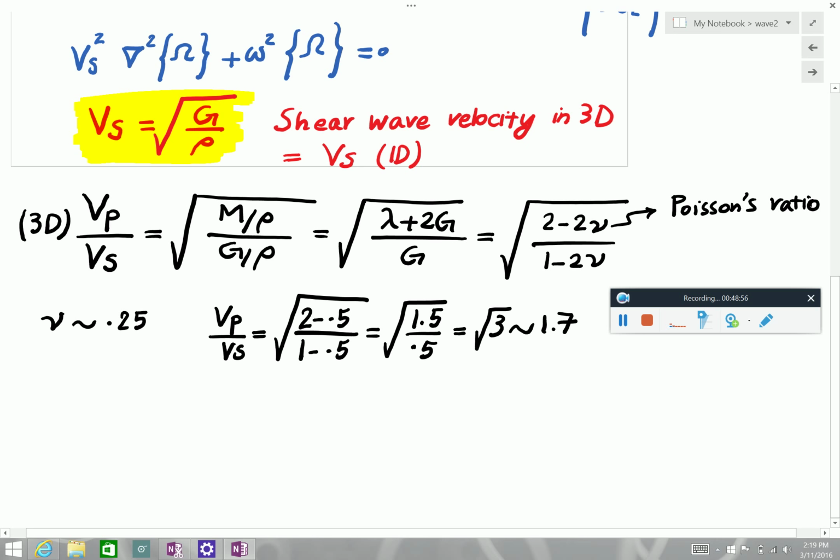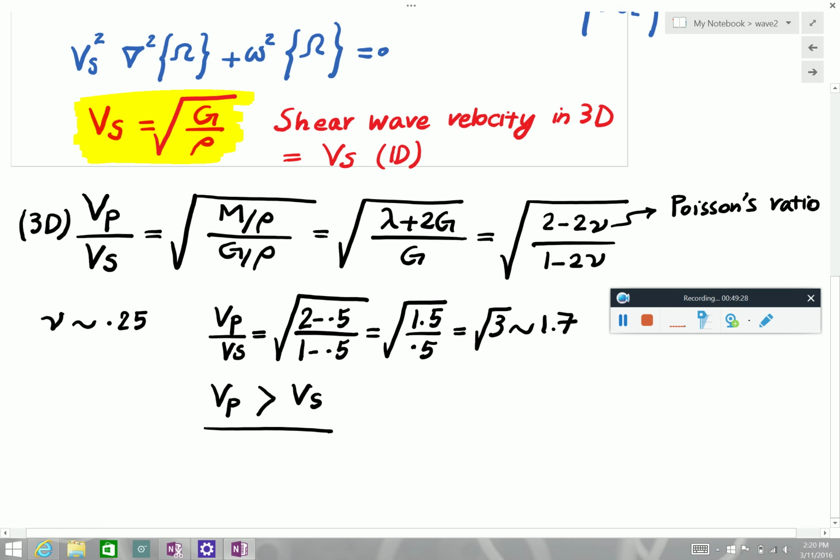First of all, the P wave is the fastest wave propagating within a bulk of material, and in concrete and rocks, it's normal to have this kind of ratio, about 1.5 to 2 times larger VP, the compressional wave velocity, than shear wave velocity.